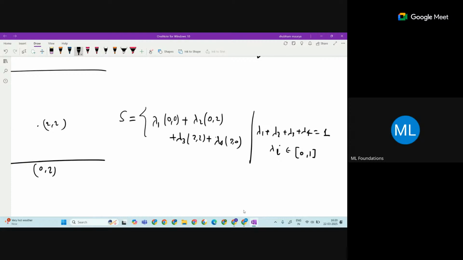This is the convex hull definition. Is it correct? Yes, exactly, sir.